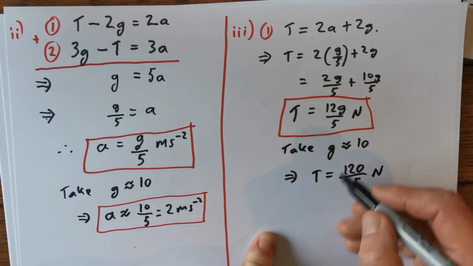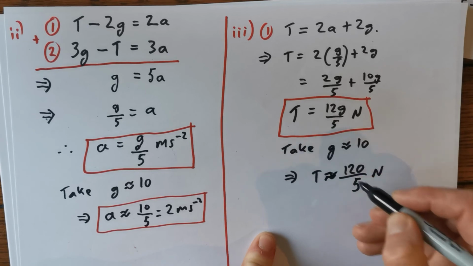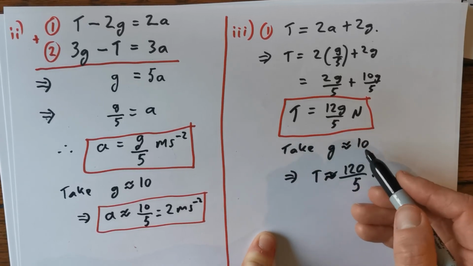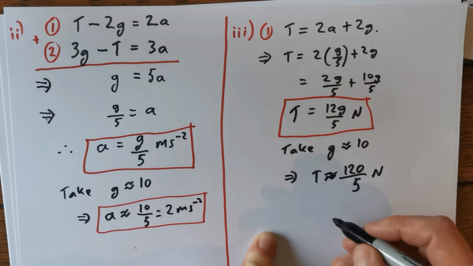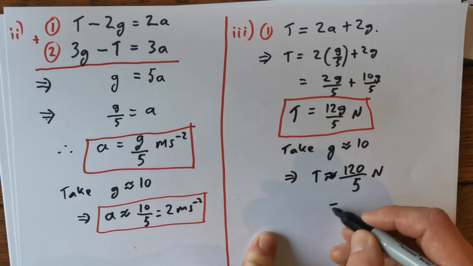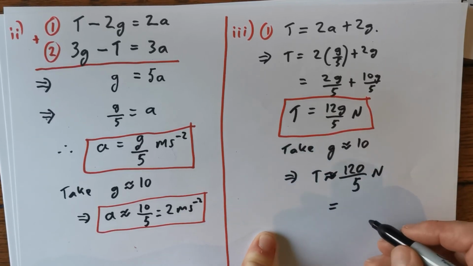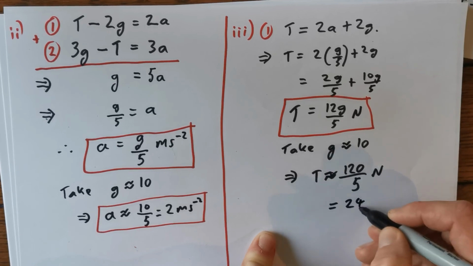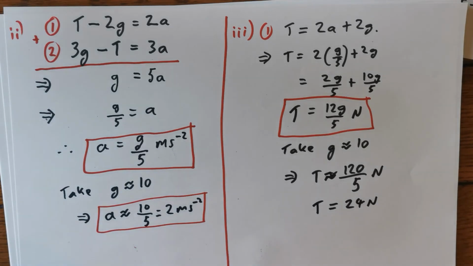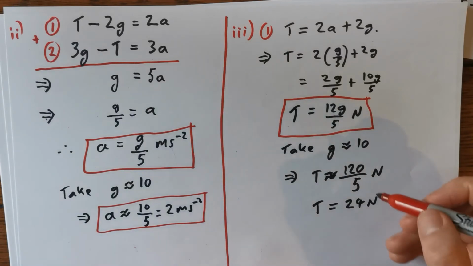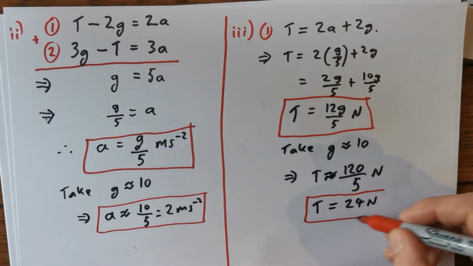So if we take g to be about 10, then T should be about 120 over 5, which simplifies to, I think, 24. So the tension would be 24 newtons, and the acceleration will be 2 meters per second squared.